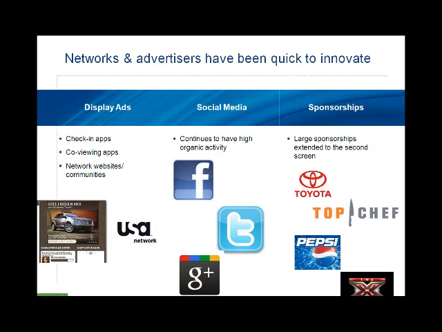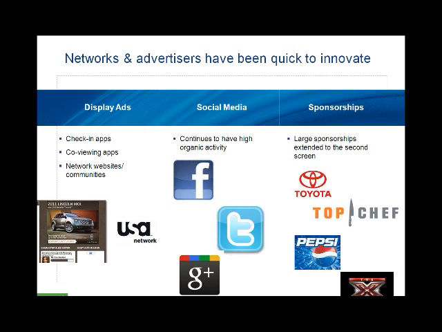These social networks are continuing to have a really high level of organic activity. Where we see brands excelling and really making a footprint when it comes to social TV is extending very large sponsorships that they have onto the second screen. For instance, Top Chef has a long-standing relationship with Toyota for their programming.